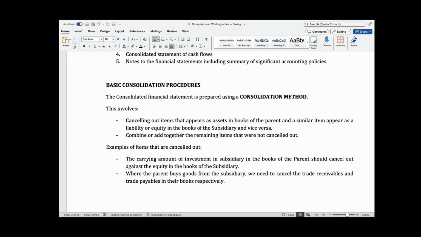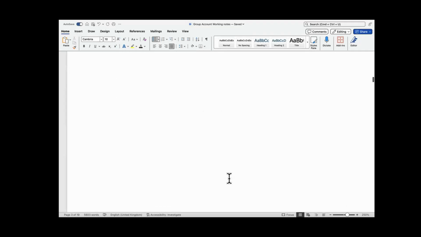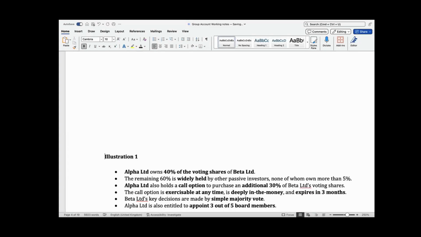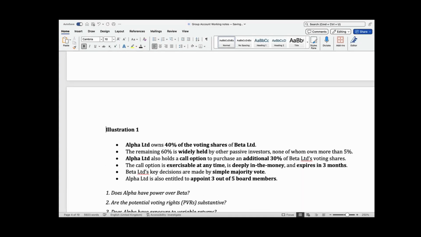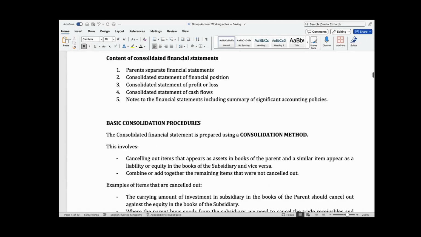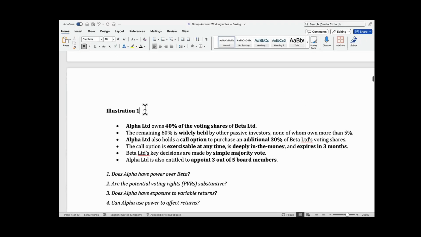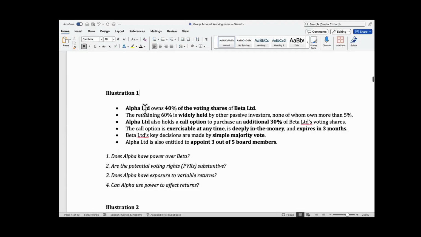You need to cancel this out in their books. And a lot more that we are going to learn, but let's just start with these very simple ones. So now we can start solving questions. Then more explanations will come up from there.